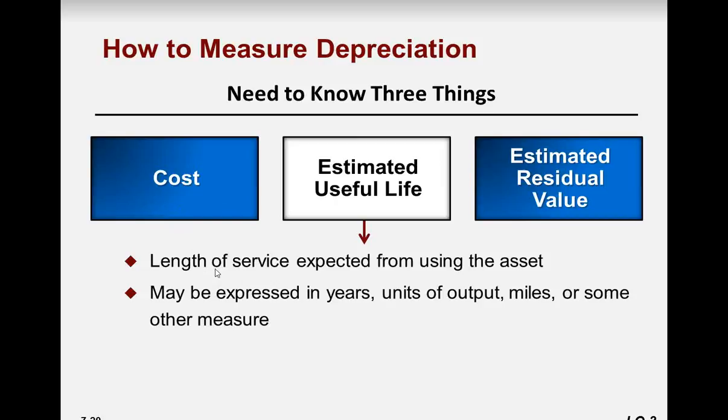Notice again that the estimated useful life, the length of service expected from using the asset, we can express that in years, units of output such as miles or hours or some other measure. Again, it is an estimate. It's our best guess at how long that asset's going to be useful in our business.